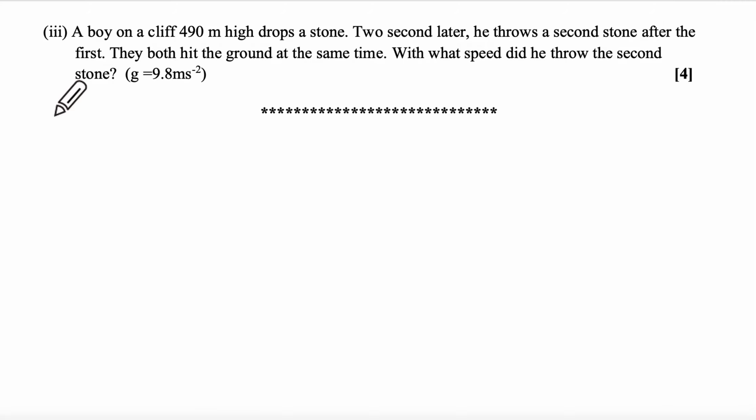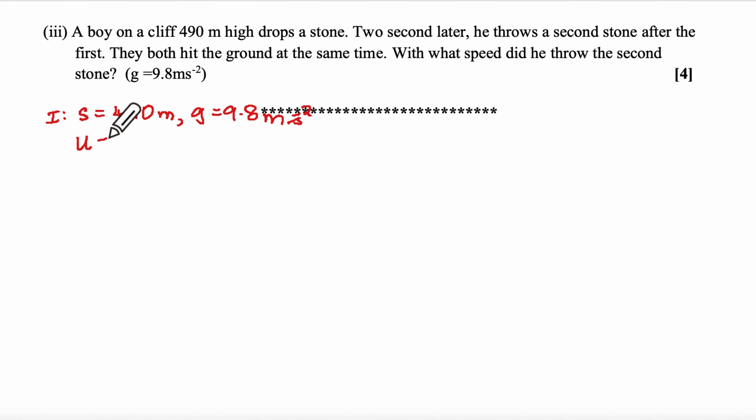So, we have case 1. We have S is equal to 490 meter. They are telling you to take g as 9.8 meter per second square. And then the first stone is thrown. A boy on the cliff drops the stone.